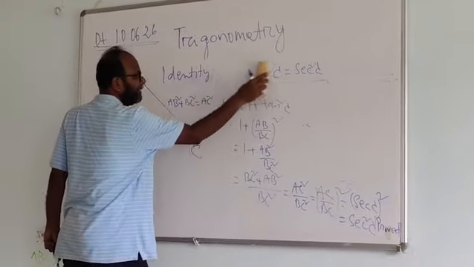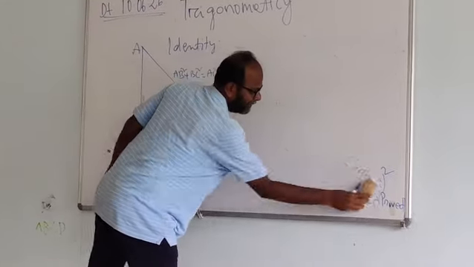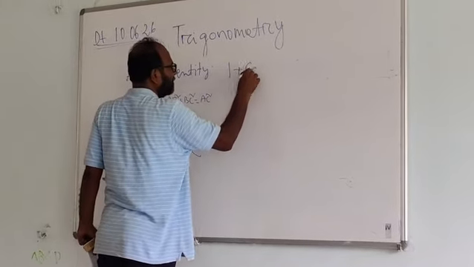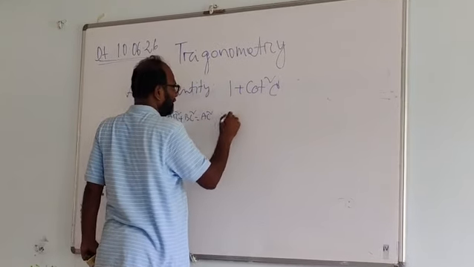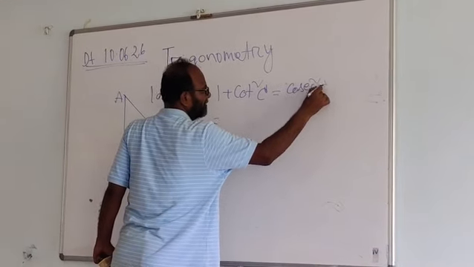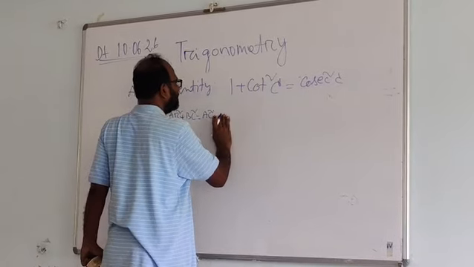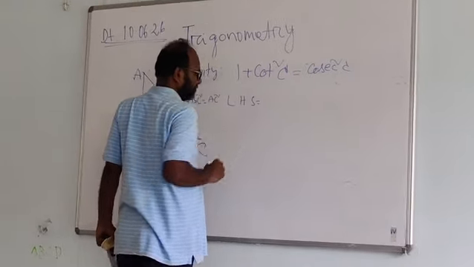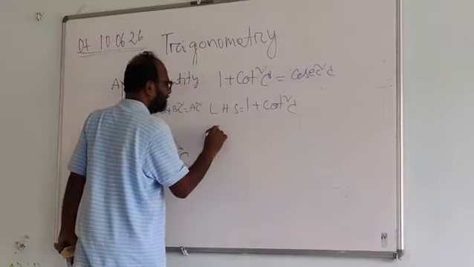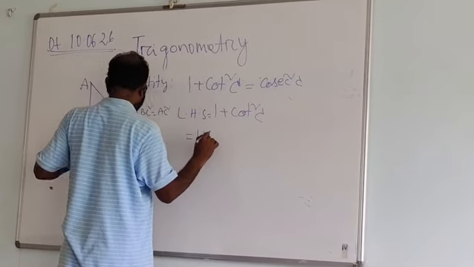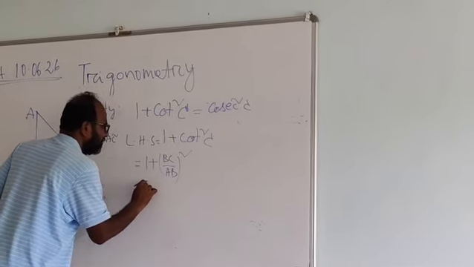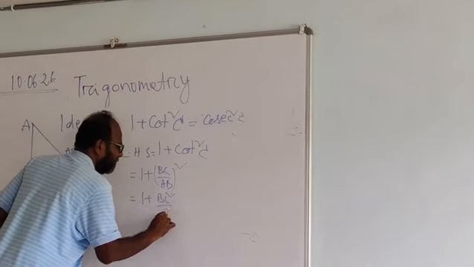Next, identity 3 we will prove. So identity 3 is 1 plus cot square C is equal to cosec square C. So for the LHS, we will take 1 plus cot square C, that is equal to 1 plus cot C, that is BC by AB square, that is 1 plus BC square by AB square.